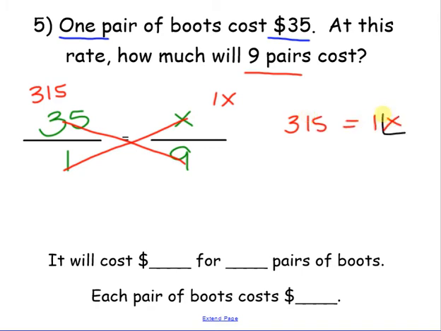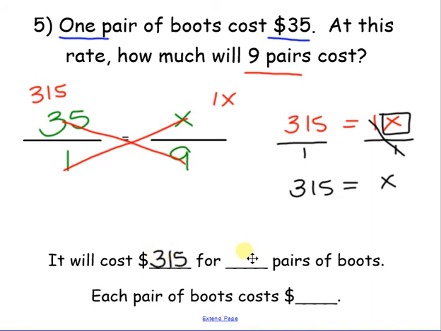I'm going to box my variable, divide by 1, do it to the other side because it's only fair. Those guys cancel out, and x equals 315 divided by 1 is 315. So my answer is it will cost $315 for 9 pairs of boots.